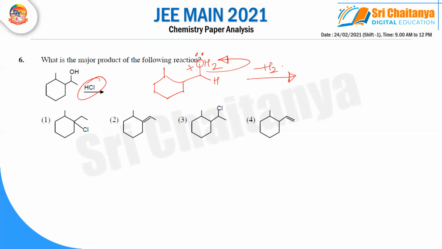So as this water molecule leaves out, there is a formation of a carbocation. Now, of course, we know about carbocation rearrangement. This can get rearranged, and we can obtain a 3-degree carbocation, which is more stable, via a hydride shift.